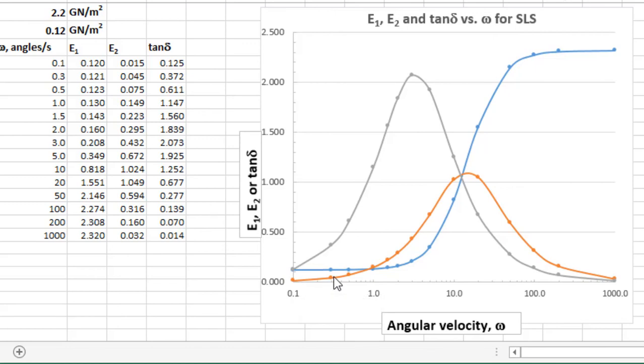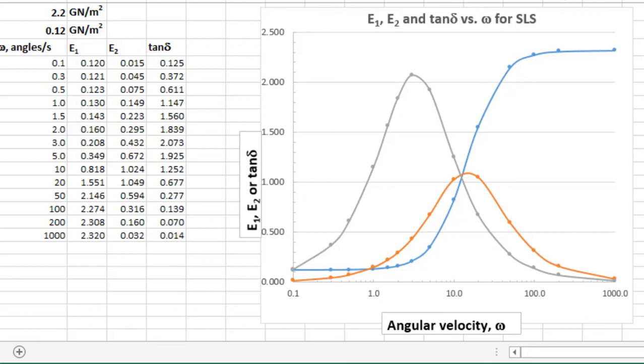E2 also starts with lower values, goes to a maximum, and then again goes back to lower values. And tan delta starts at a lower value, goes to a maximum, and goes back to a lower value. The maximum for tan delta happens at a lower frequency than the maximum for E2. So this is a typical behavior of viscoelastic materials in dynamic loading, which we see for SLS.